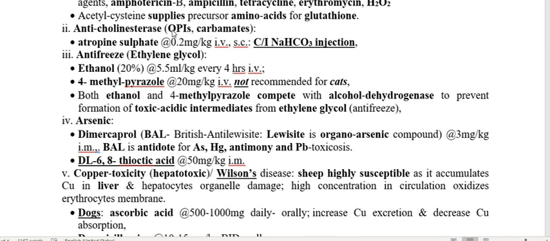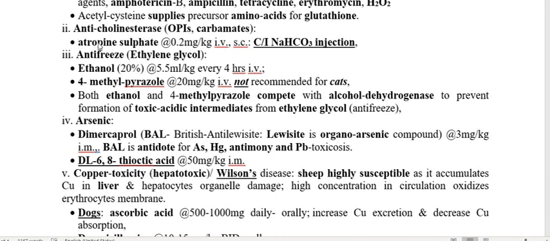Once the enzyme acetylcholinesterase is inhibited, acetylcholine is not broken down. So the physiological function of acetylcholine persists within the body for a longer time interval, and therefore it produces toxicity. The symptoms related to organophosphorus or carbamate toxicity are the DUMBELS that we discussed earlier, and the therapy for that is atropine.